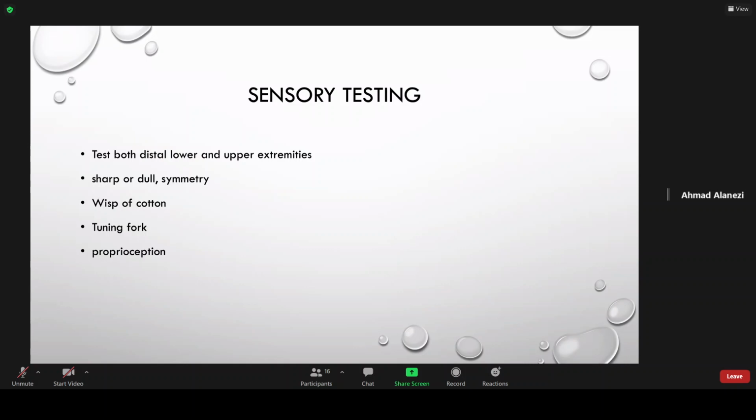You need to practice and also know the theory parts. We have cortical sensations, superficial, and deep sensations. Superficial sensations entail sharp, dull, and temperature. Deep sensations involve proprioception.